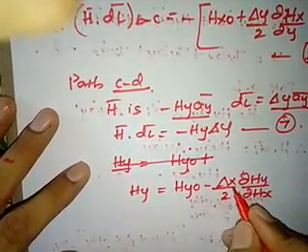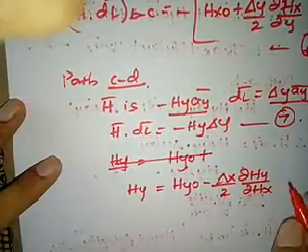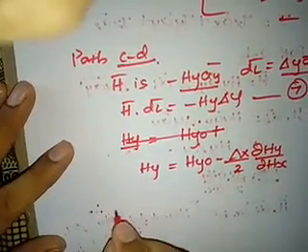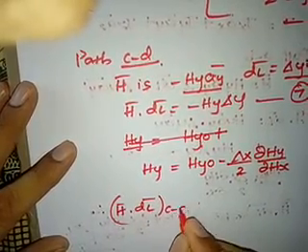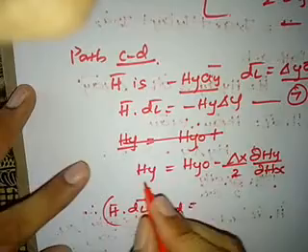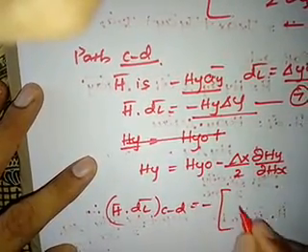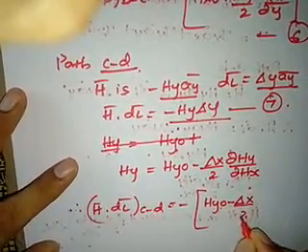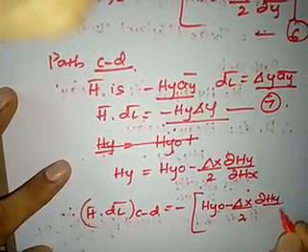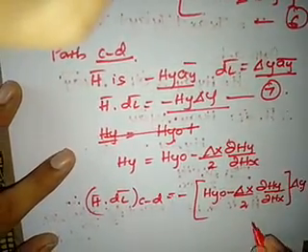Per unit length it is dou hy by dou x, so for delta x by 2, we multiply by delta x by 2. Therefore h bar dot dl bar along the path C to D will be equal to minus hy delta y, that is minus of hy naught minus delta x by 2 dou hy by dou x, into delta y. Take it as equation 8.